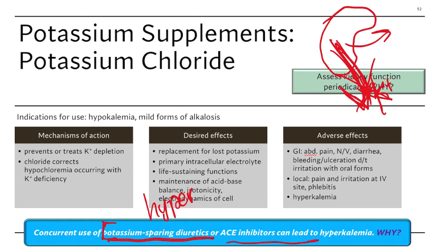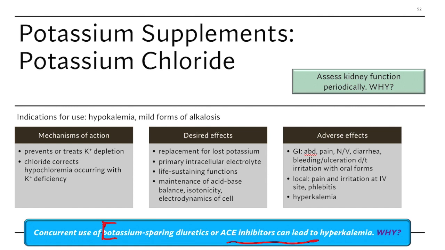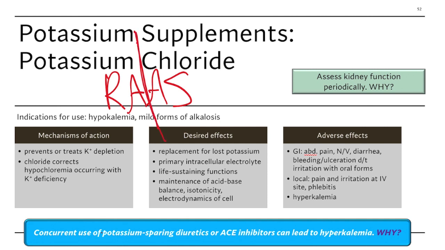We talked earlier about what an ACE inhibitor does. And this will have a lot to do with our renin-angiotensin-aldosterone system. So we said that an ACE inhibitor will stop angiotensin 1 from turning into angiotensin 2. And so it stops this release of aldosterone. So what does aldosterone do? Let's draw my little kidney again.